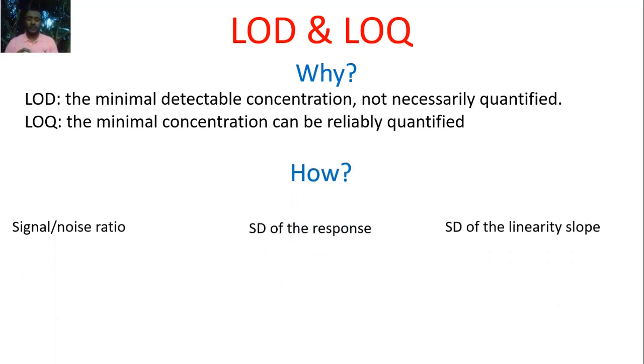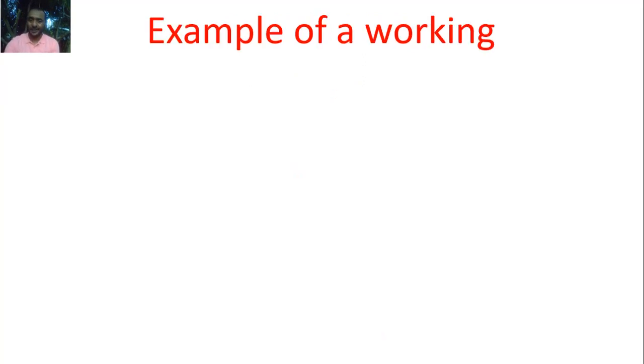We run several dilutions, low concentrations of your sample, and the concentration at which the signal to noise ratio is about 3 is your LOD, while the concentration at which the signal to noise ratio is about 10 is your LOQ. That's it.